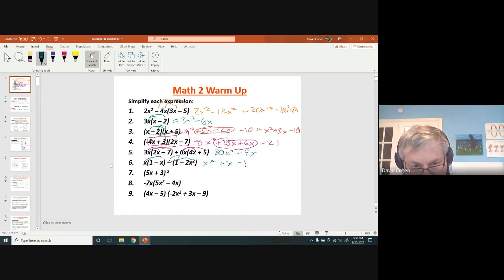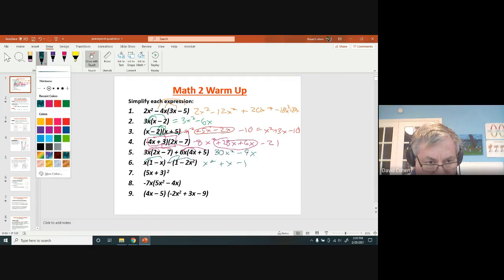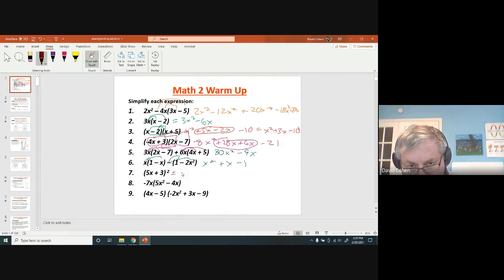We've got a perfect square, 5x plus 3. It's the same thing as saying 5x plus 3 times 5x plus 3. And we are going to use binomial expansion for that. As soon as I can get a different color, we'll find lava is kind of a cool color. So one more time on that. This equals 5x plus 3 times 5x plus 3.